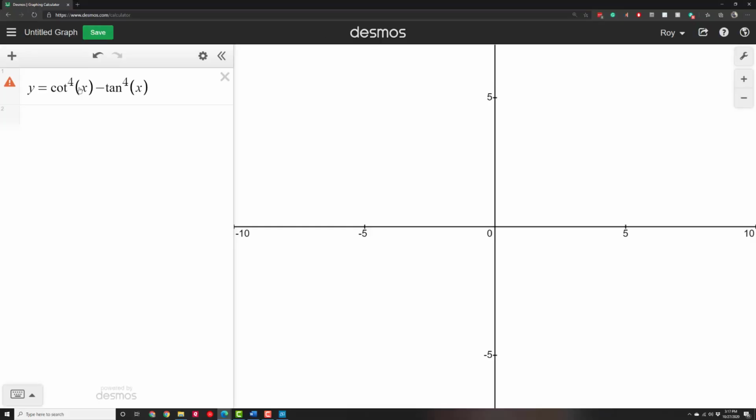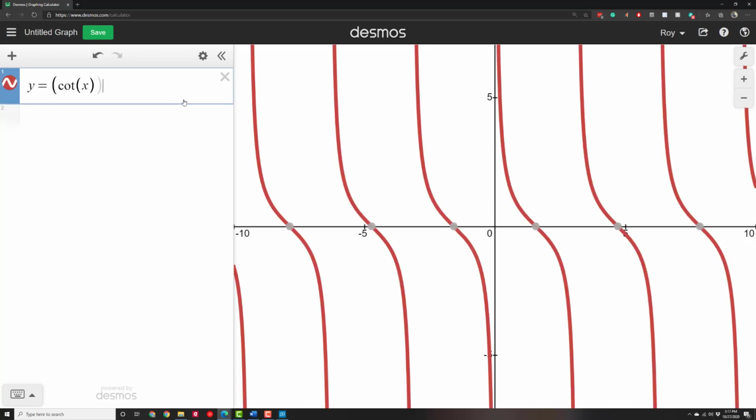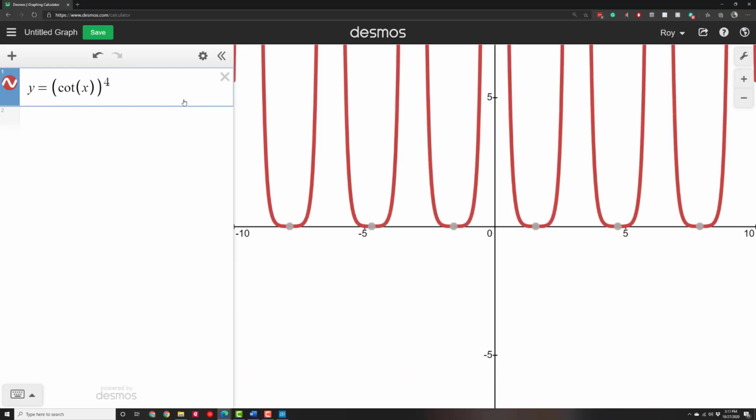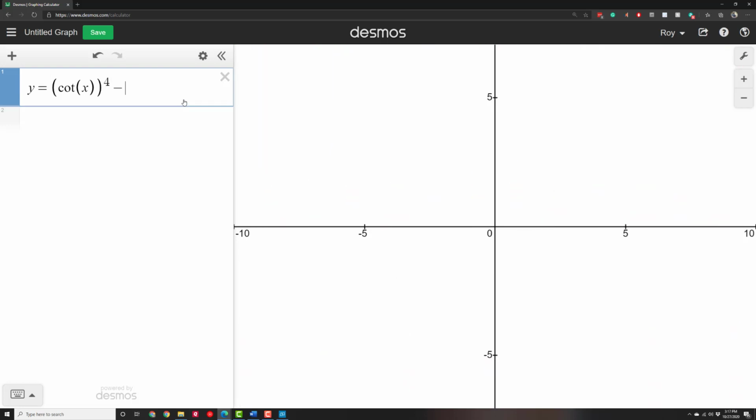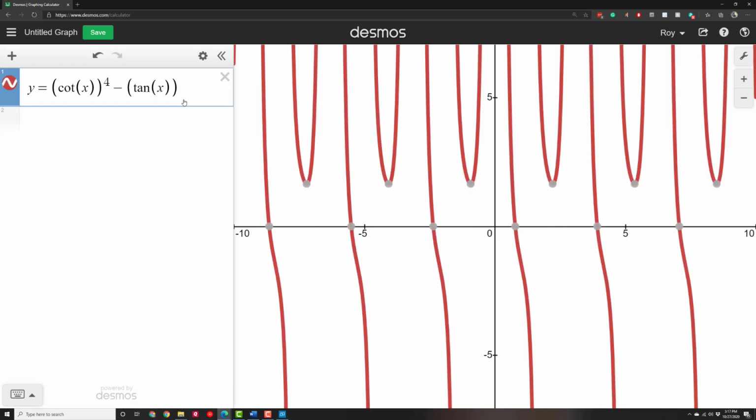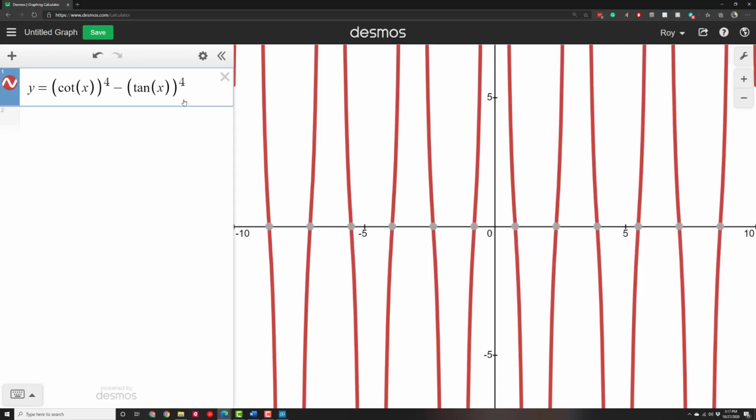The first thing I want to draw your attention to is if you're going to use Desmos, it does not like that exponent notation. So what I'm going to do here is graph the left-hand side of the identity, which is actually the cotangent of, technically it was t, but we're going to raise that to the fourth. So now you see it's actually working, minus, again, the quantity of tangent of x. Again, it was a t, but I'm just writing it as an x here, to the fourth.